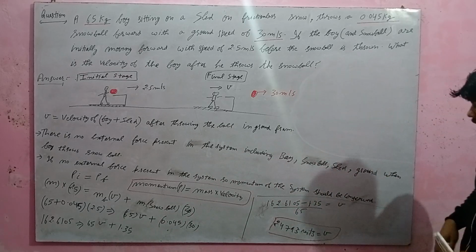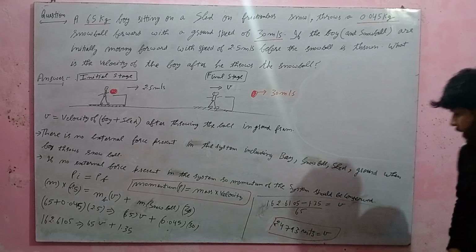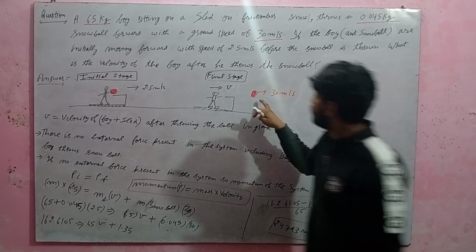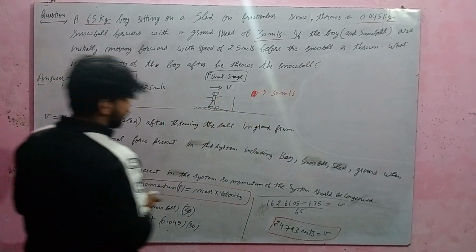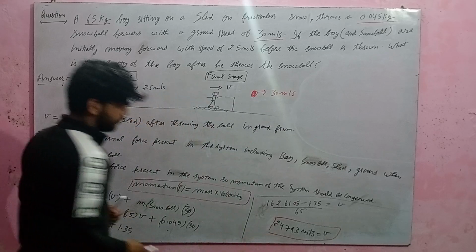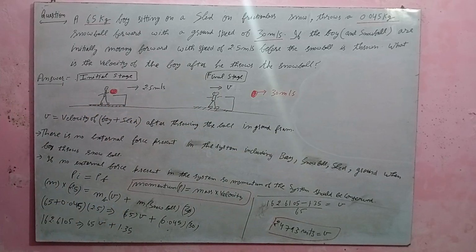This is 2.4793 meters per second, the velocity of the boy after throwing the ball. That means v is equal to this value. Okay, this is our solution of the question.